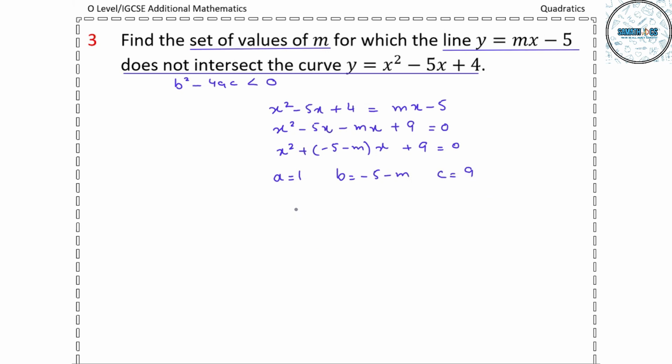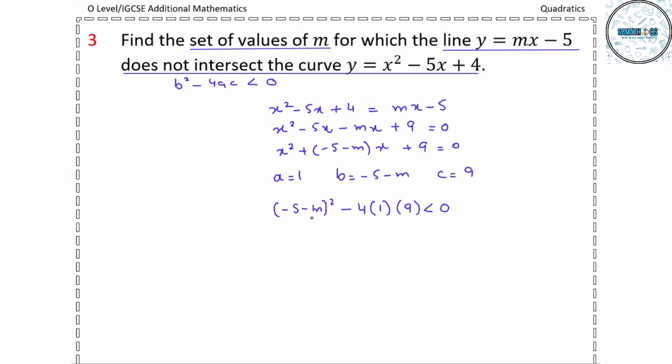Now we will apply b squared minus 4ac is less than 0. So minus 5 minus m whole square minus 4 into 1 into 9 is less than 0.